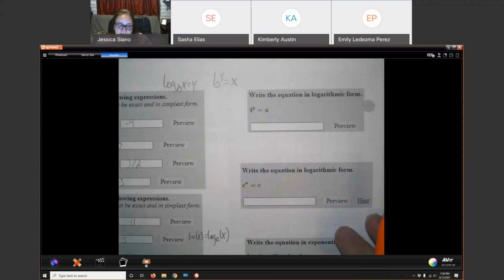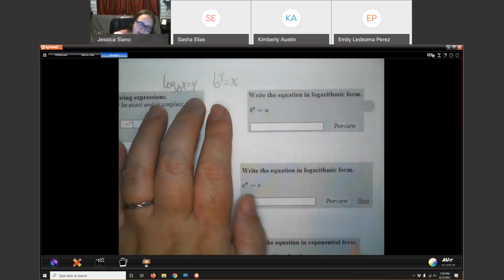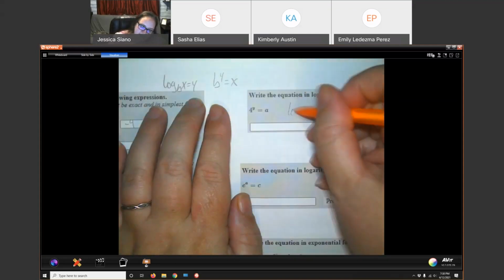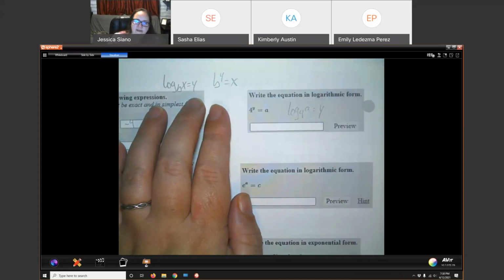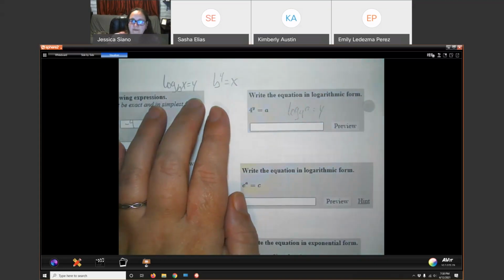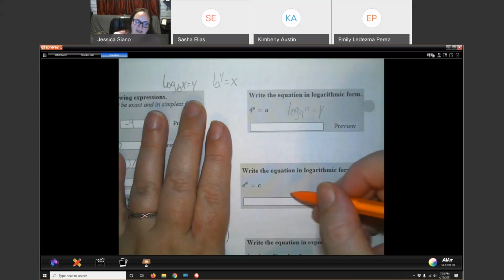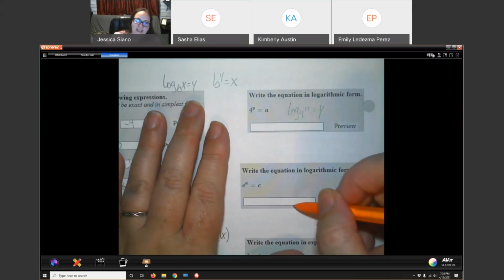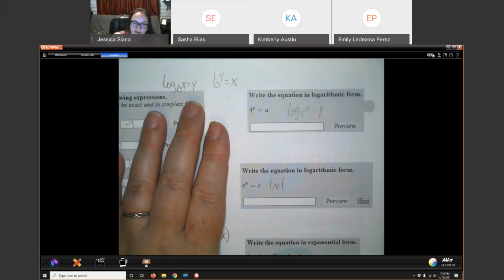Now for the conversions, I'm going to use this that I have right here. So 4 to the y equals a is the same as saying log with base 4 of a equals y. e to the a equals c is the same as saying log with base e, but we just said log with base e is the natural log.